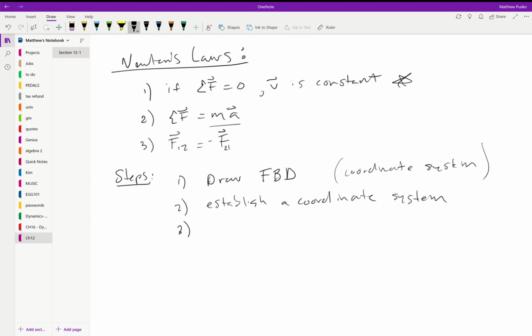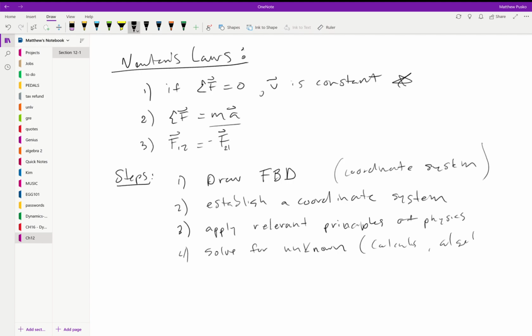Our step 3 would be apply relevant principles of physics. And then 4, solve for the unknown. This could require calculus, and most definitely algebra and some more geometry possibly.